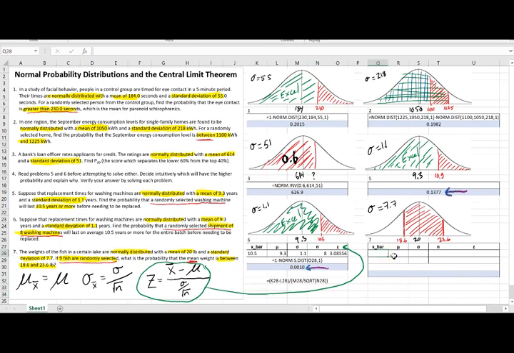So our two values for x bar would be 23.6 and 18.6. In both cases, the mean is 20, the standard deviation is 7.7, and our sample size is 9 fish.